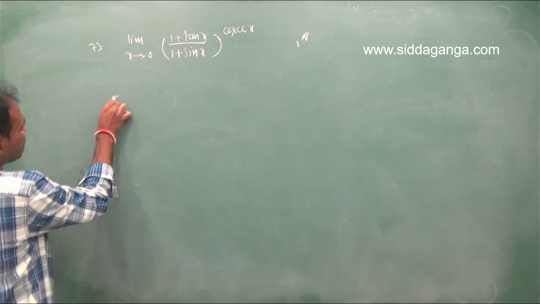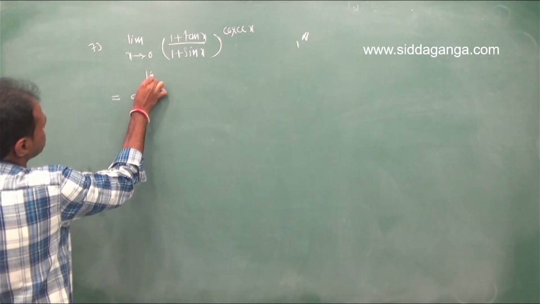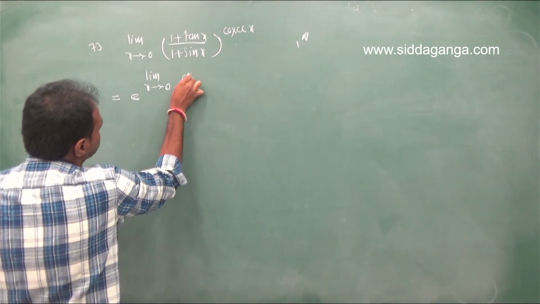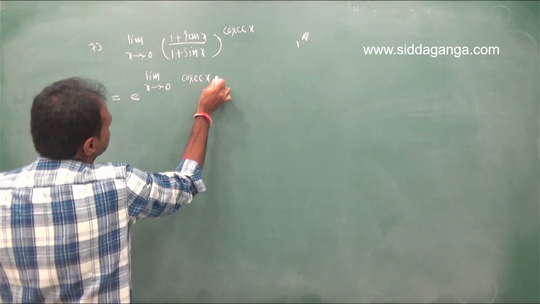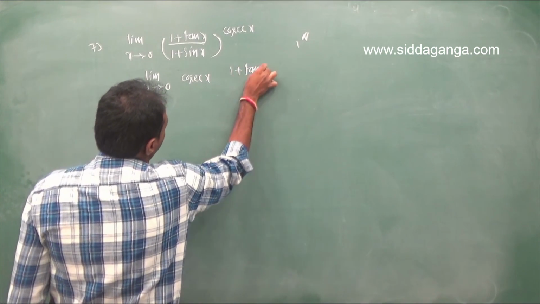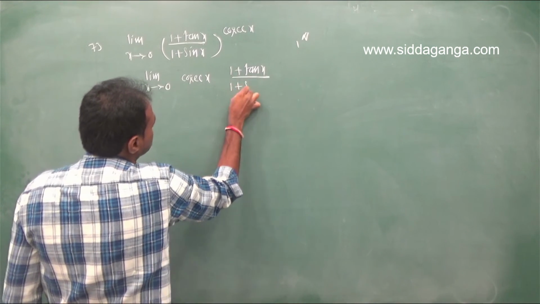Therefore, here the formula is e power limit x tends to 0, g of x, that is cosecant x, into (f of x − 1), that is (1 + tan x)/(1 + sin x) − 1.